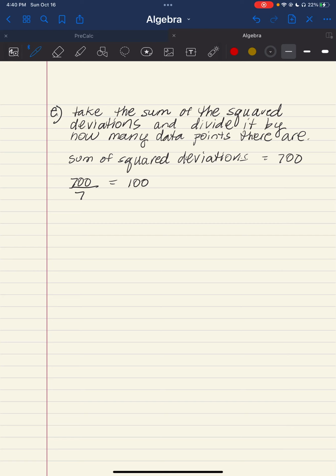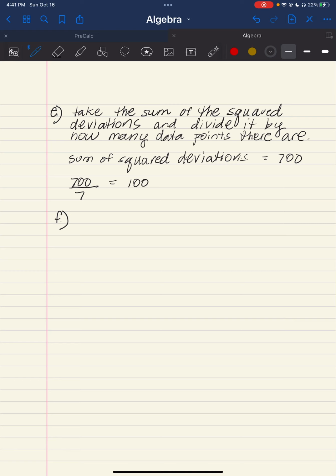This number isn't taking care of the fact that we squared all of the data values. Like, if our data values were money, now we're dealing with money squared. That doesn't mean anything to us. So our last step is essentially to undo the square. And do you remember how to undo a square?